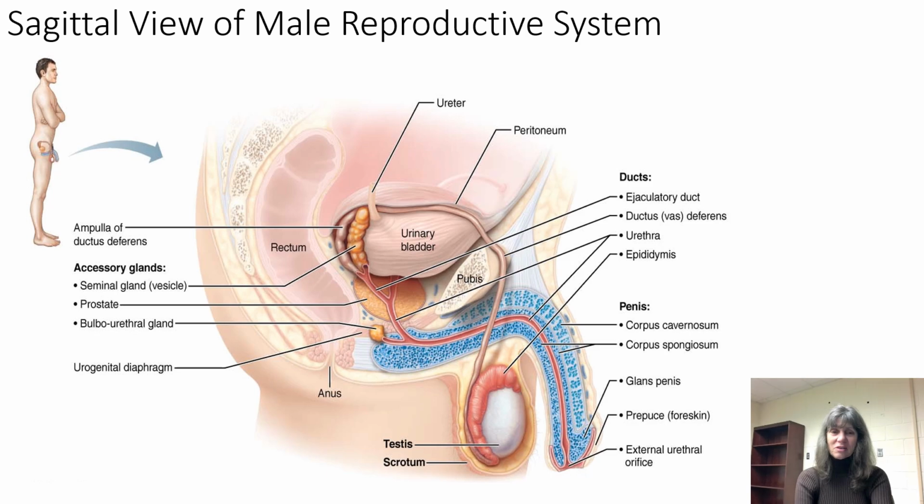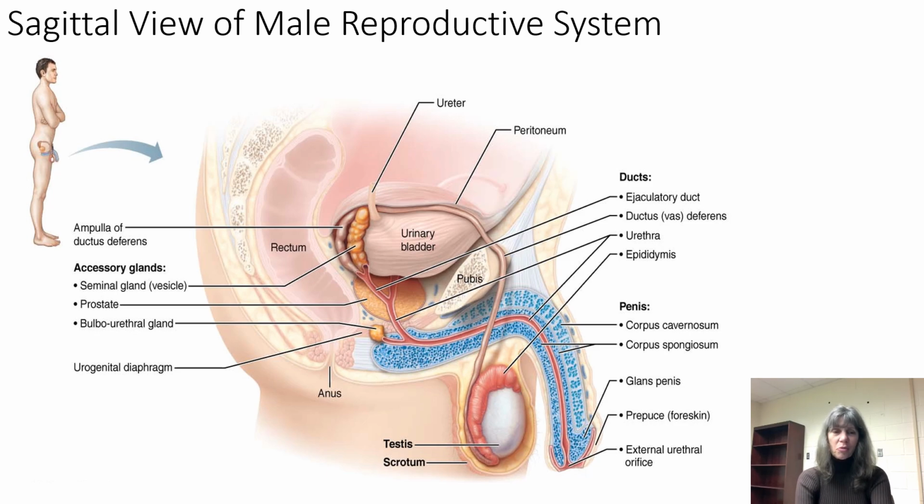The ductus deferens will join the seminal vesicle or seminal gland, which will enter into the prostate gland, where that duct now becomes the ejaculatory duct and will join together with the prostatic urethra, and then that prostatic urethra, as it enters the penis, is then known as the penile urethra.